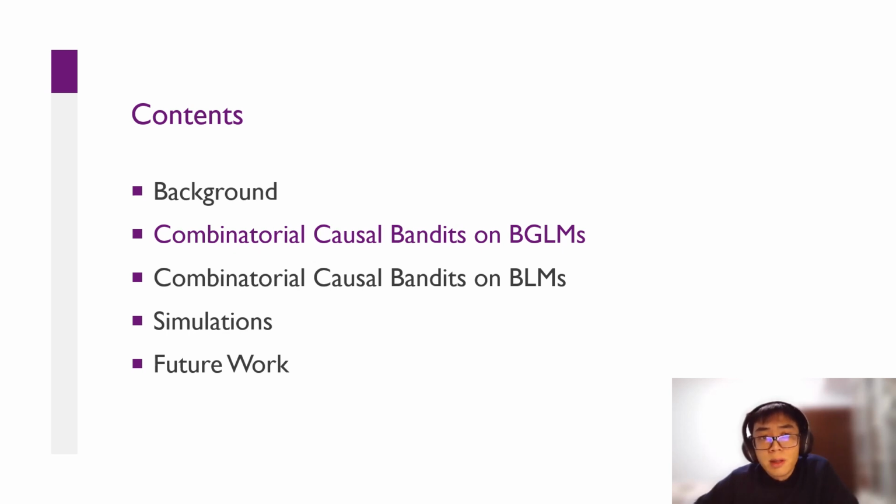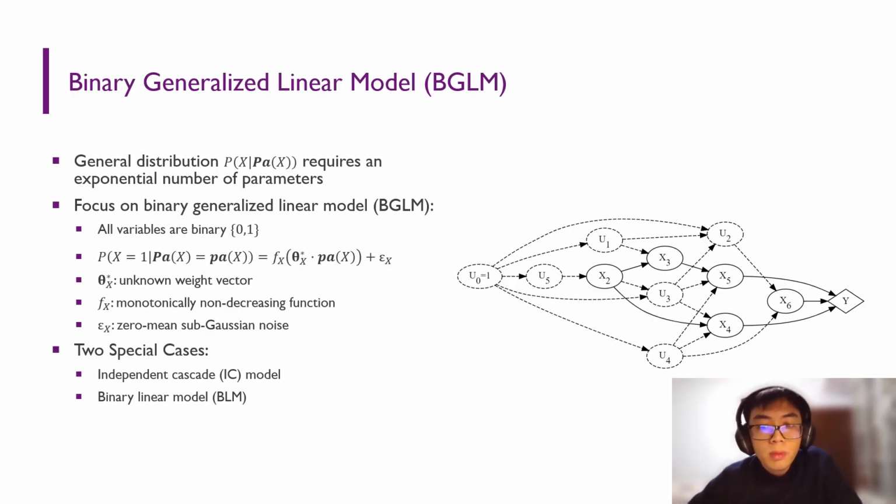We first present a CCB algorithm for binary generalized linear models. In general causal graphs, there is an exponential number of parameters that define the conditional distribution from X's parents to X. Our binary generalized linear model defines the conditional probability by the linear combination of parent nodes and the function f_X on it.